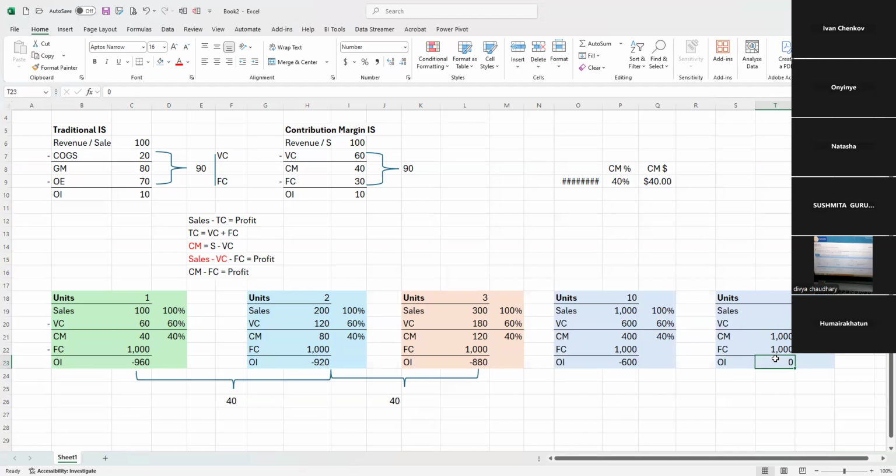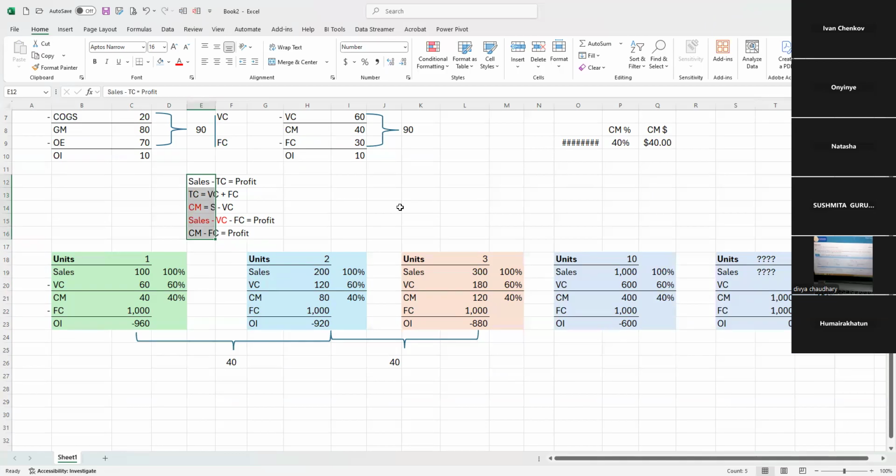So our objective today is to find out how many units we need to sell, and how much my total sales should be, so that when I deduct the variable cost, it gives me an amount equal to my fixed cost, and I can bring profit to 0. We have those formulas as a starting point.